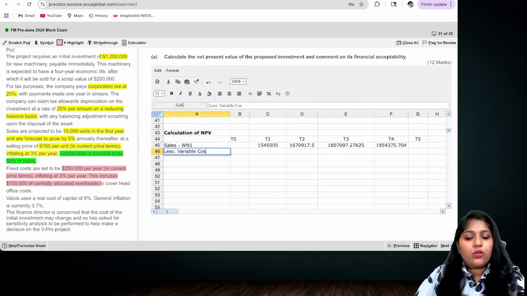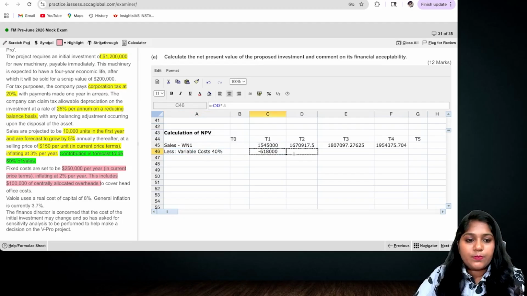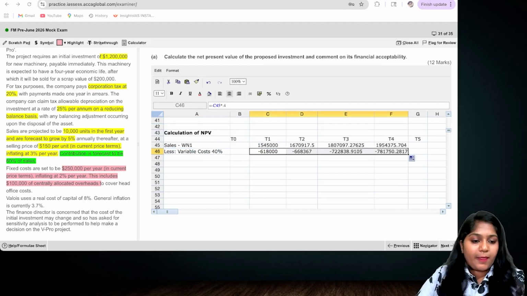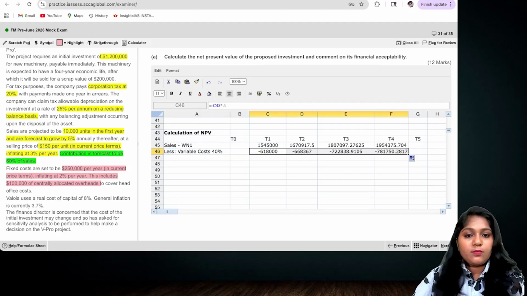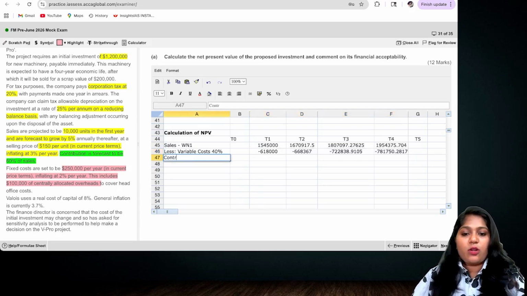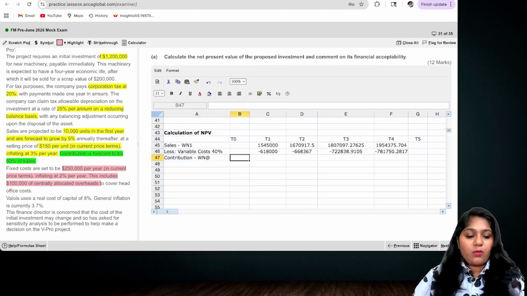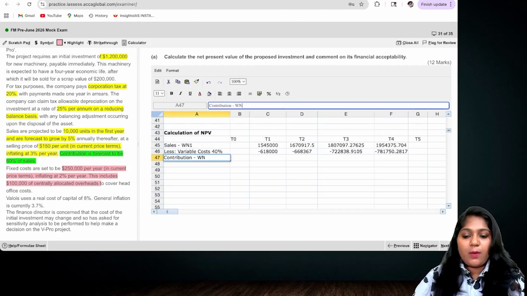You can show this also, or you can directly take the values, which is 40% of the sales, and drag it down. Once after this, you can find this as contribution, guys. Contribution is any which way that you can either calculate here, or you can say working note number 2. That is totally up to you.